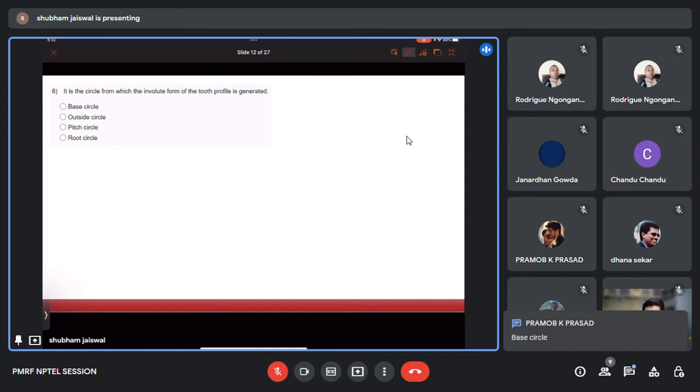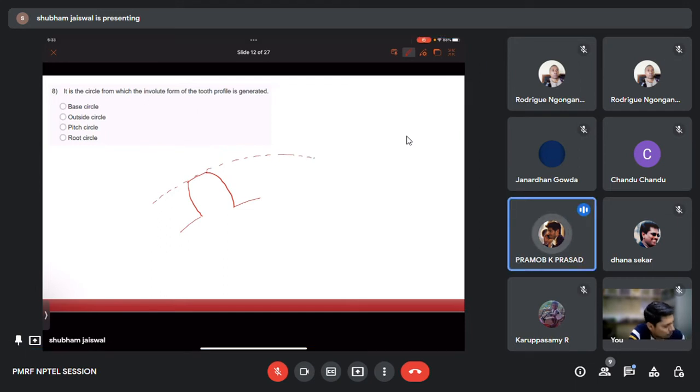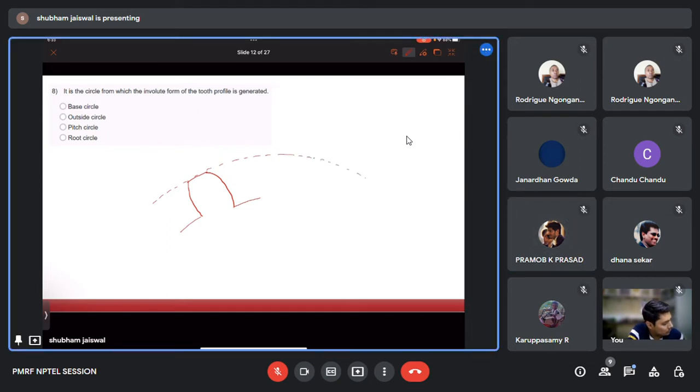So let me draw the gear tooth profile first. Base circle. Okay. Any other option?